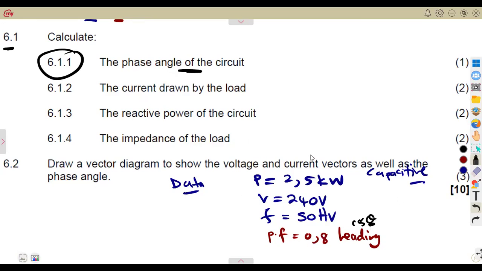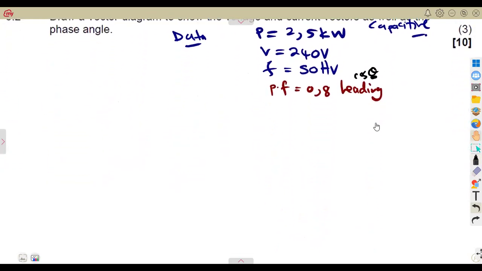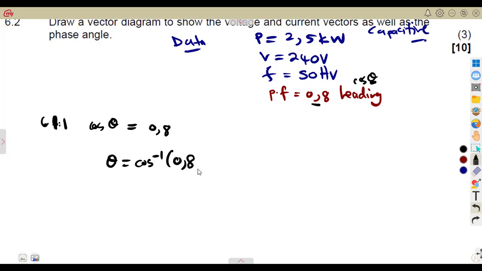From the power factor, we can calculate our theta. Remember, the cosine of theta, which is the power factor, is 0.8. So therefore, theta is going to be the arc cos of 0.8.